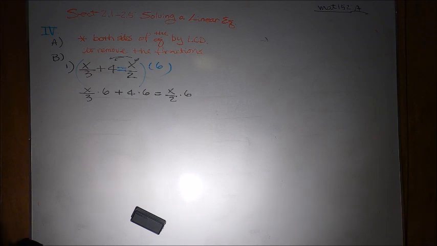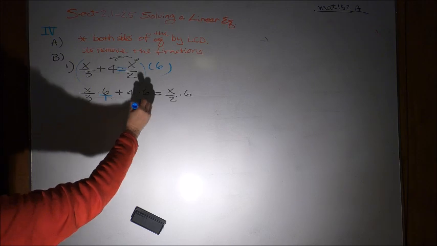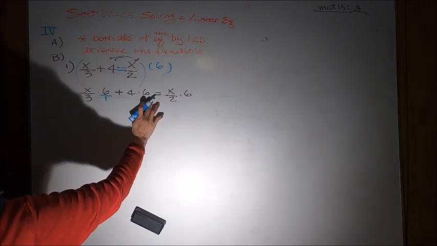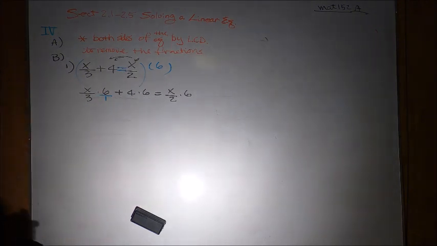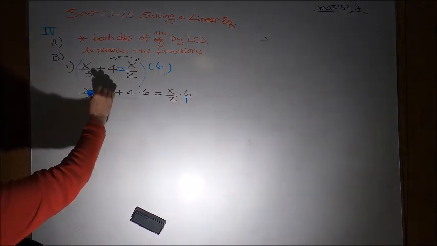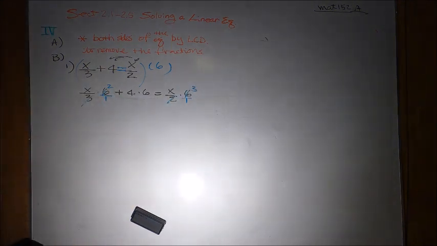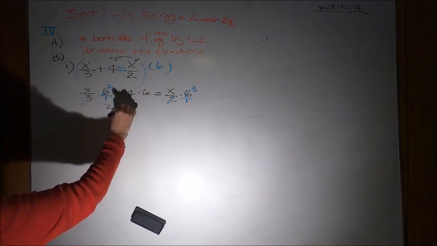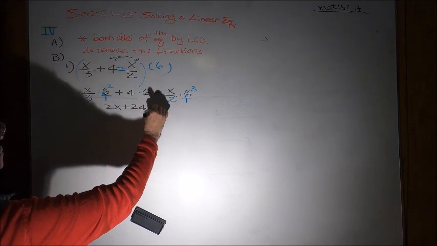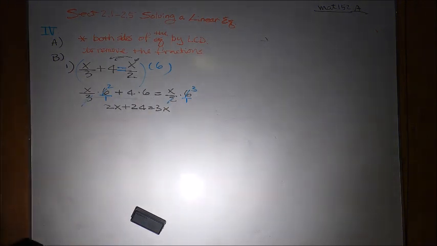How do you multiply fractions with numbers? You put 1 underneath the whole numbers, and if there is a number underneath, then you can cross cancel. Then what do we have? We will have 2x plus 24 equals 3x. Is that much better?